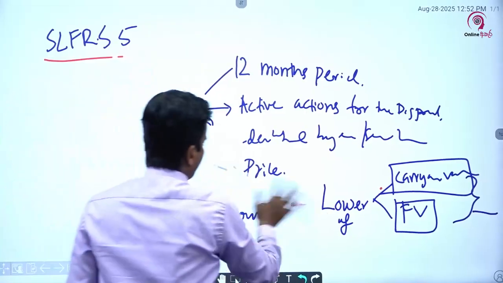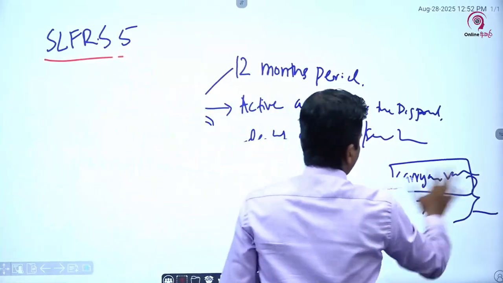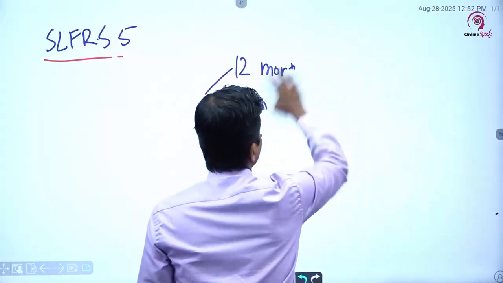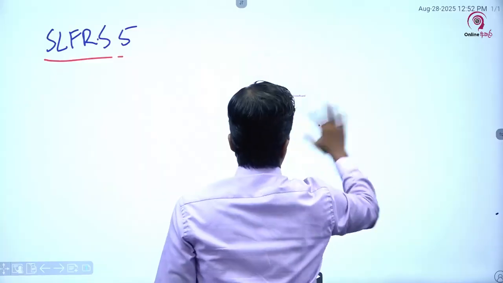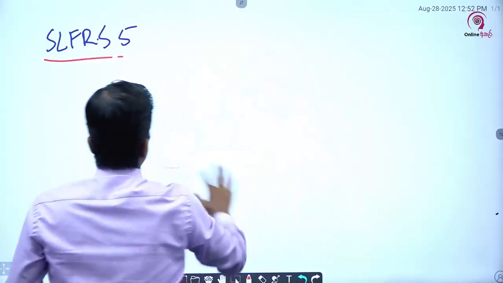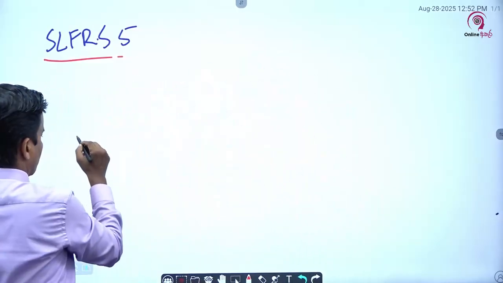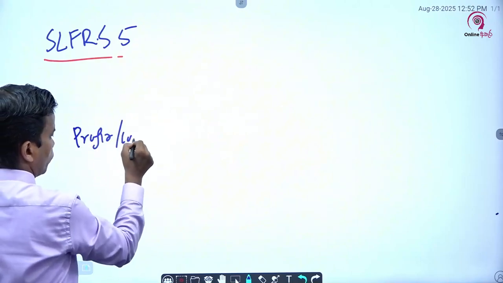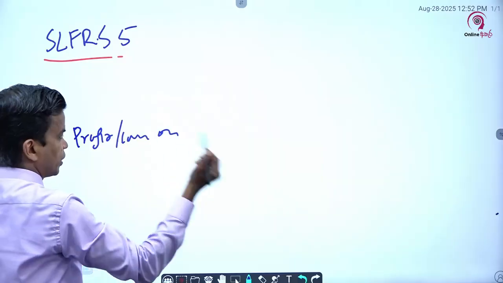When it comes to discontinued operation, I told you it should be separately presented in the statement of comprehensive income before profit before tax. The result, of course, is a loss, because that's why you discontinue.